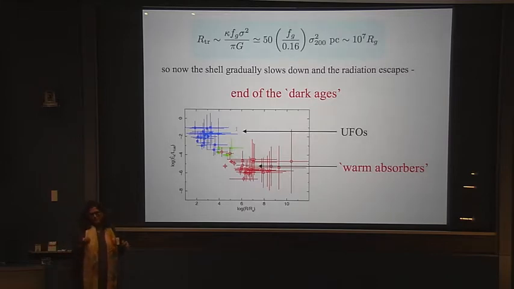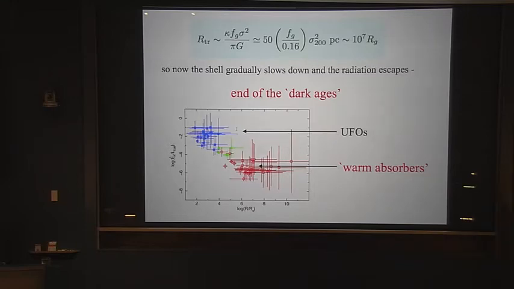Remember, one other thing we would really like to do is to explain the obscuration in galactic nuclei, right? So this torus and the obscuration that the torus produces, in the context of this feedback model. UFOs are ultra-fast outflows.